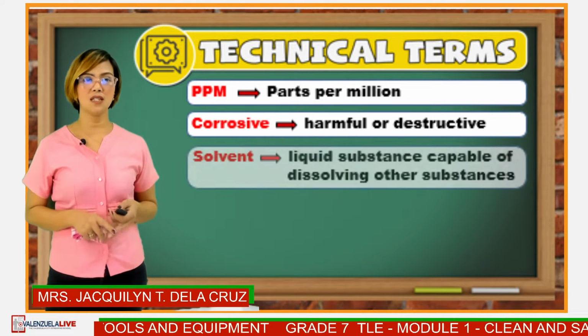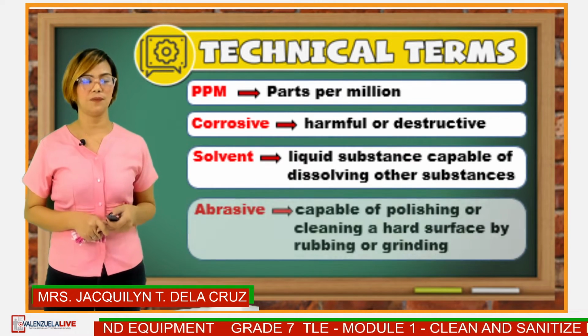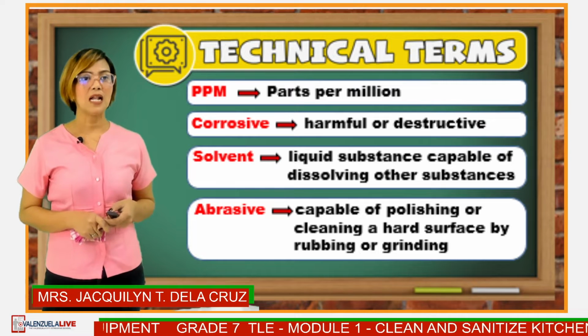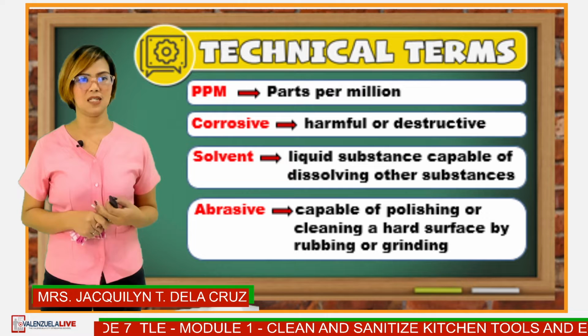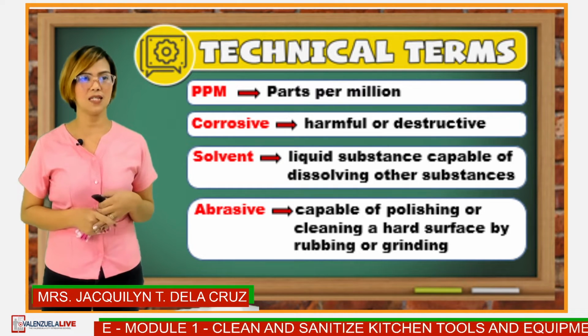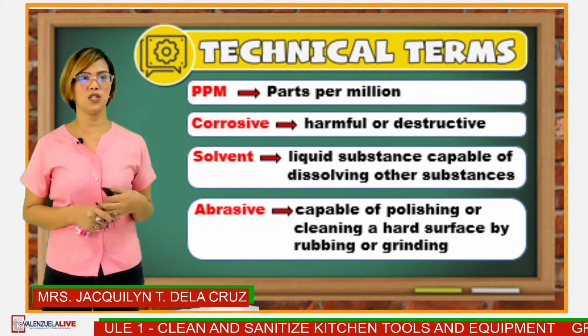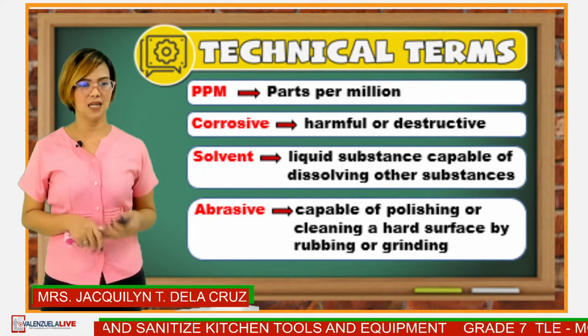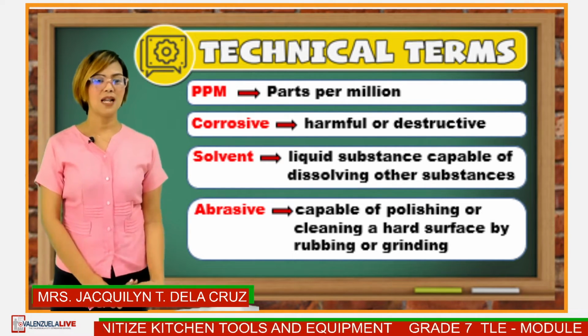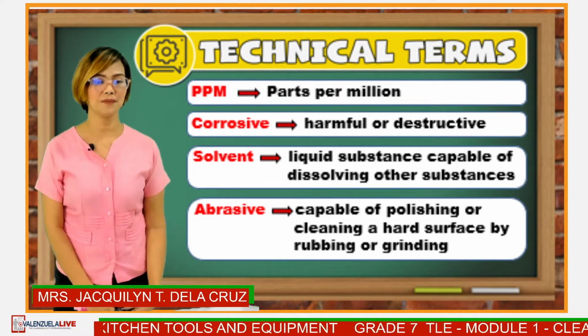Corrosive means harmful or destructive. Solvent, liquid substance capable of dissolving other substances. And abrasive, capable of polishing or cleaning a hard surface by rubbing or grinding. Now, let's begin. Are you ready?